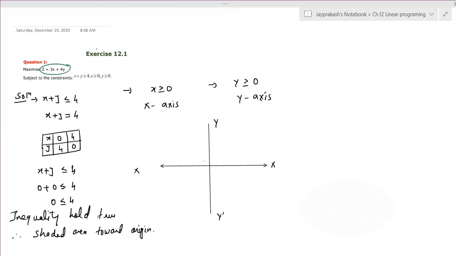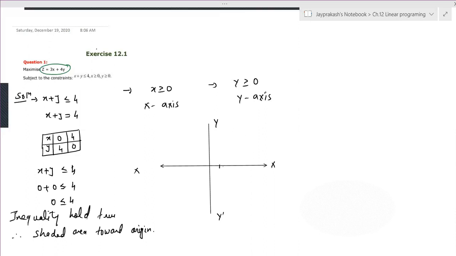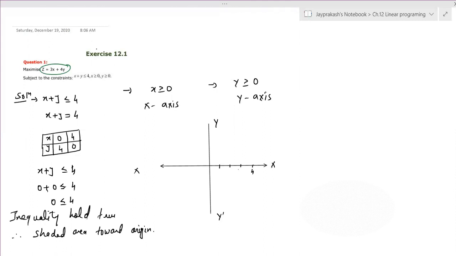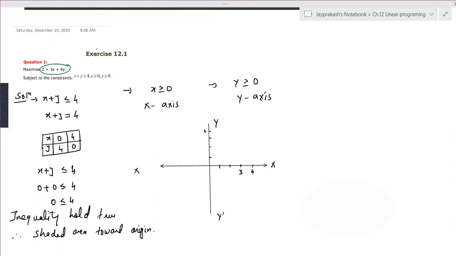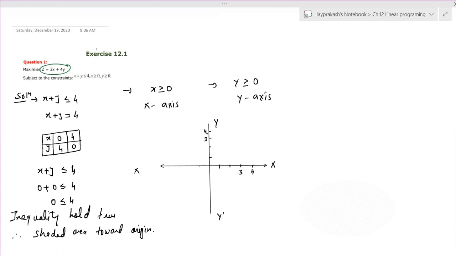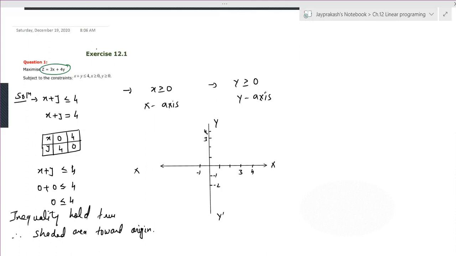So we need the points from 0 to 4: 1, 2, 3, 4. On this side -1, -2.